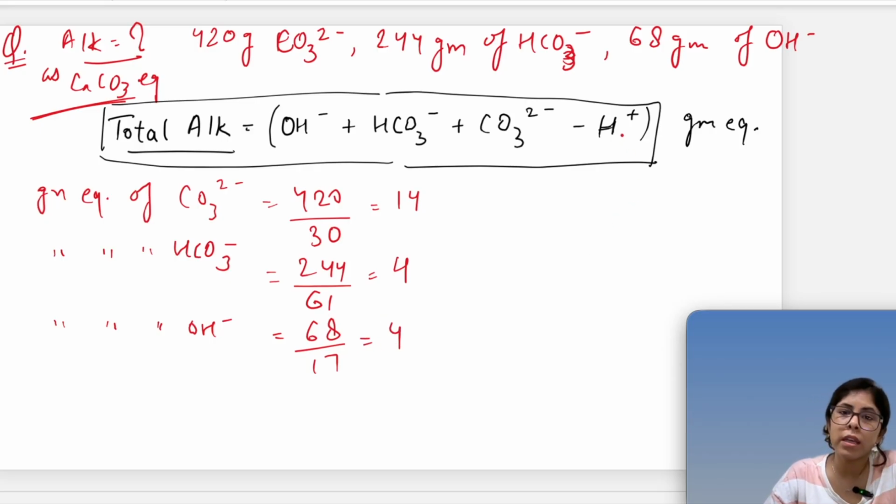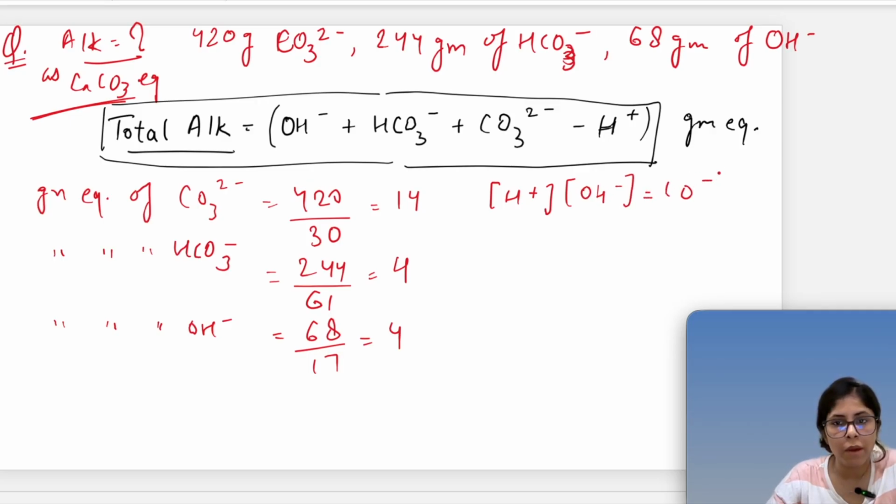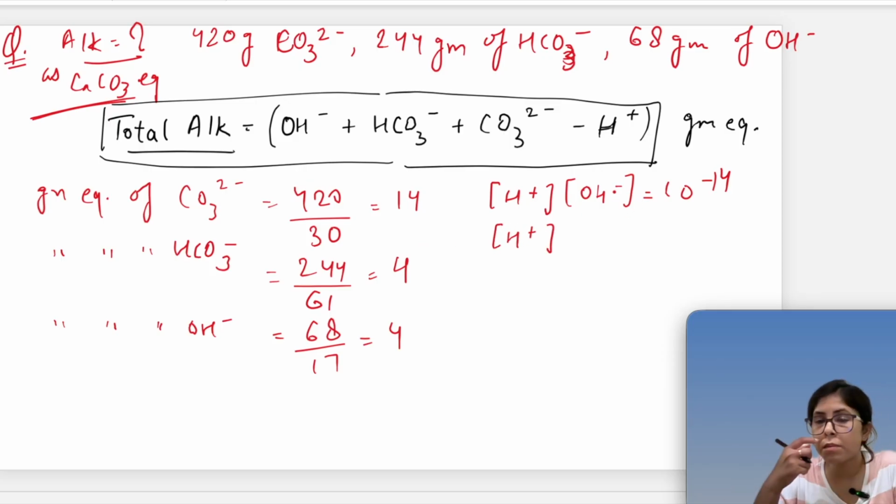And I also need the H plus ion concentration, right? I have the relation that H plus ions into OH minus ions is 10 to the power minus 14, right? Can I calculate the H plus ion? Can I calculate the OH minus ion concentration? That is nothing but 68 gram equivalents. We'll be multiplying by gram equivalents directly.